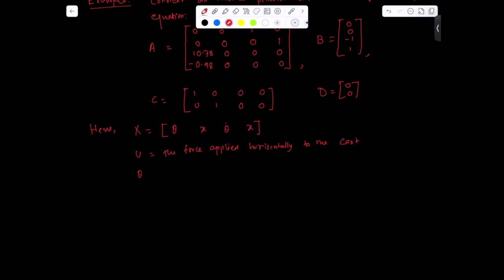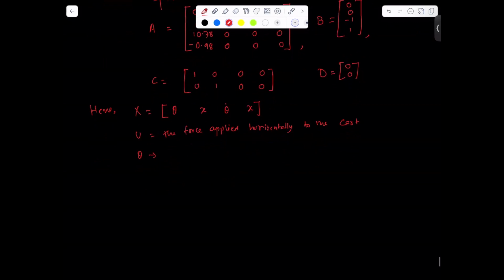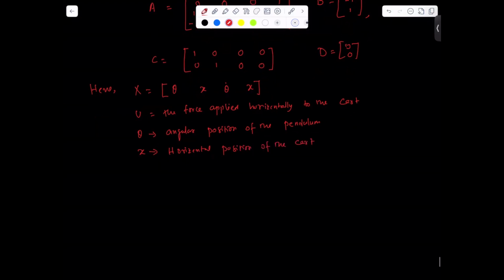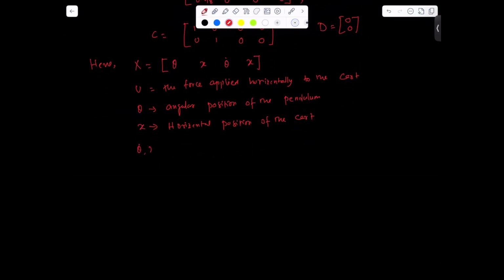Theta is the angular position of the pendulum, and X is the horizontal position of the cart, with theta dot and X dot being the respective velocities.